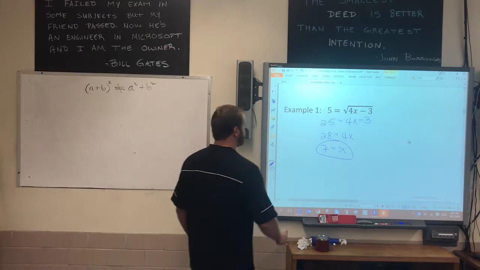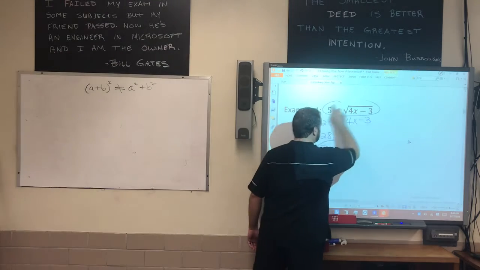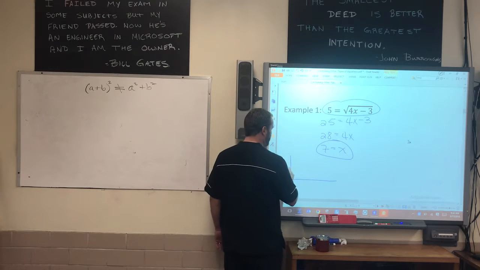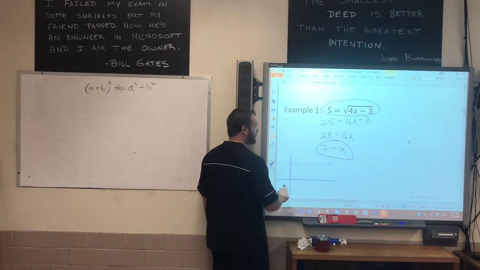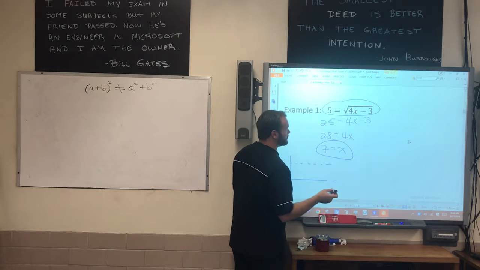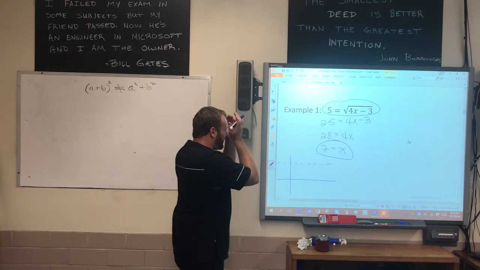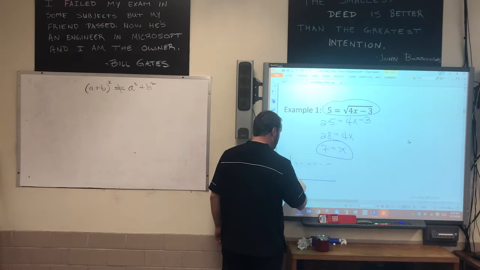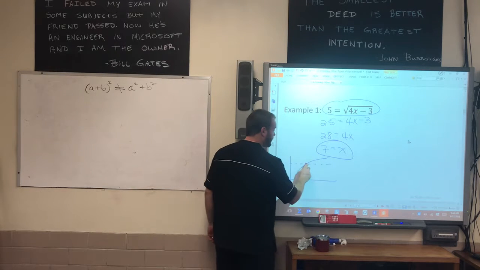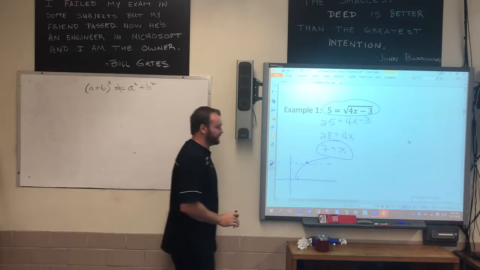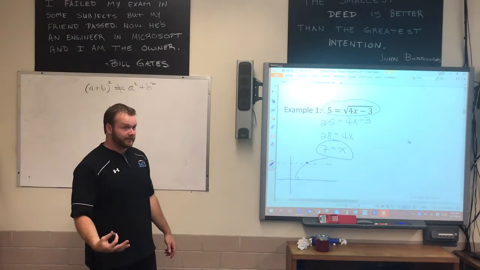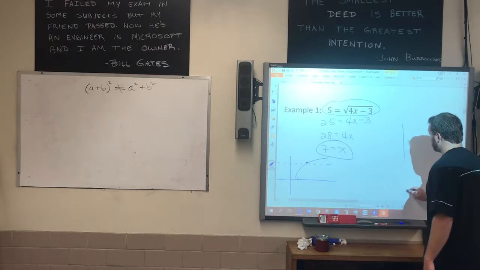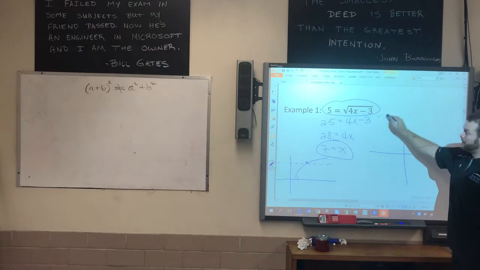The argument here, guys, is that if I were to look at this thing as a graph, the line y equals 5 might be there. The root 4x minus 3, just give me a second real quick, 3/4. So if 1 is there, it's probably going to start right there. And they're going to cross, and at that point right there that they cross would be 7. That would be the x value of that point. What we look at here now is 2 lines.